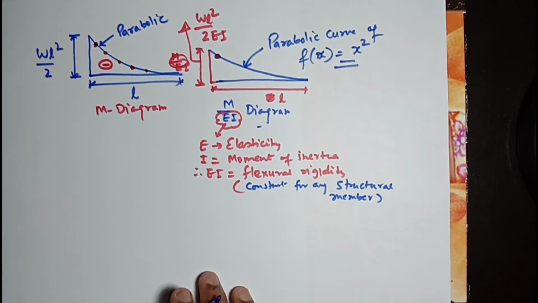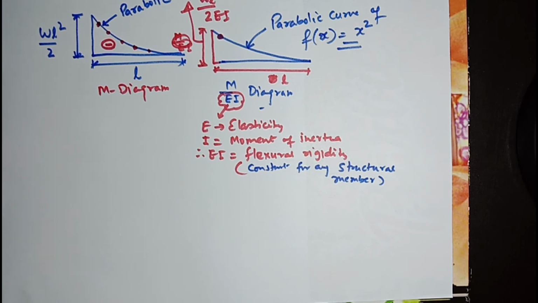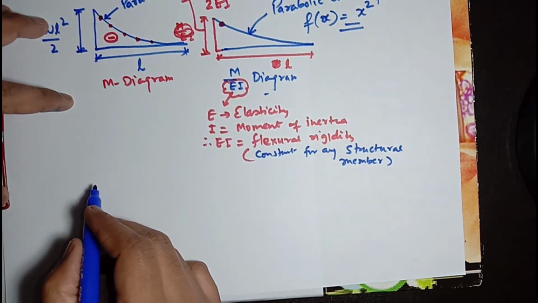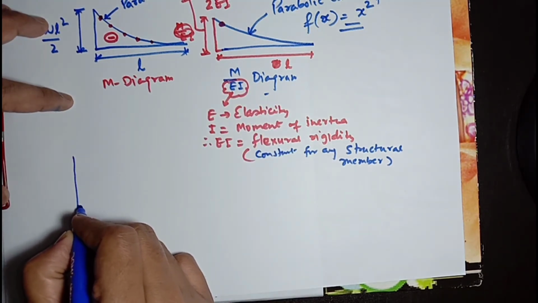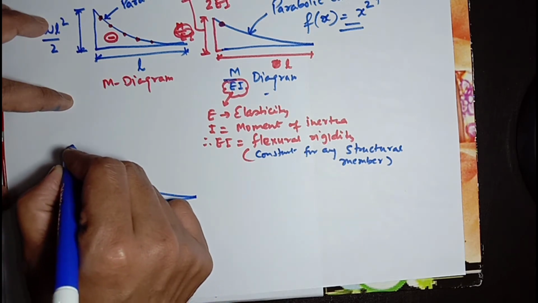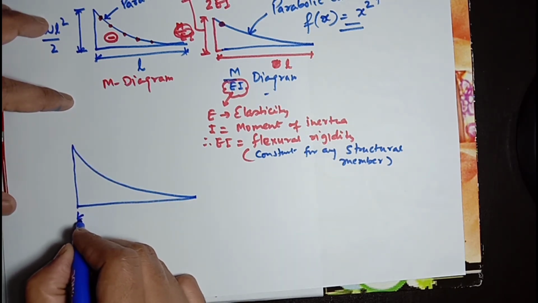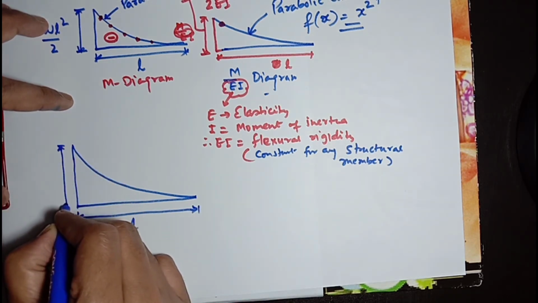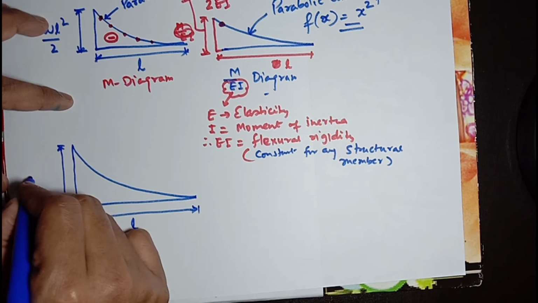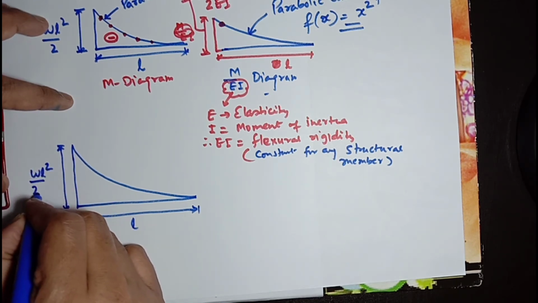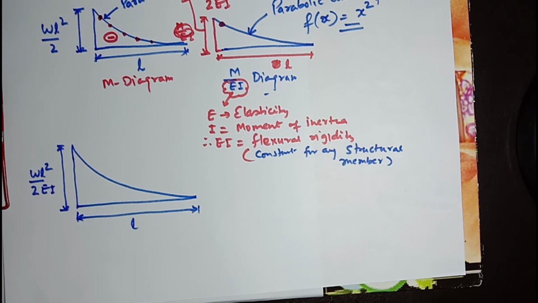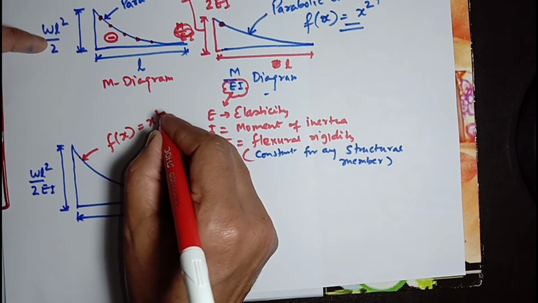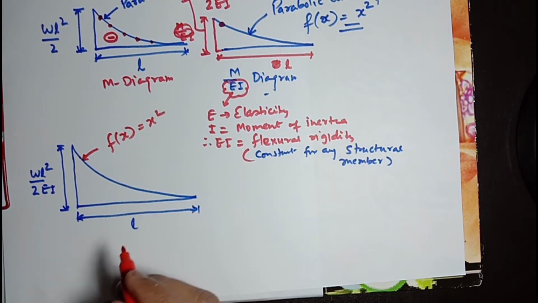Now we have to find the area of the M over EI diagram and the centroid of this M over EI diagram. Now we can separate out the M over EI diagram. This is our M over EI diagram. Length is L, value is WL square by twice EI, function is x square, which is a parabolic curve.